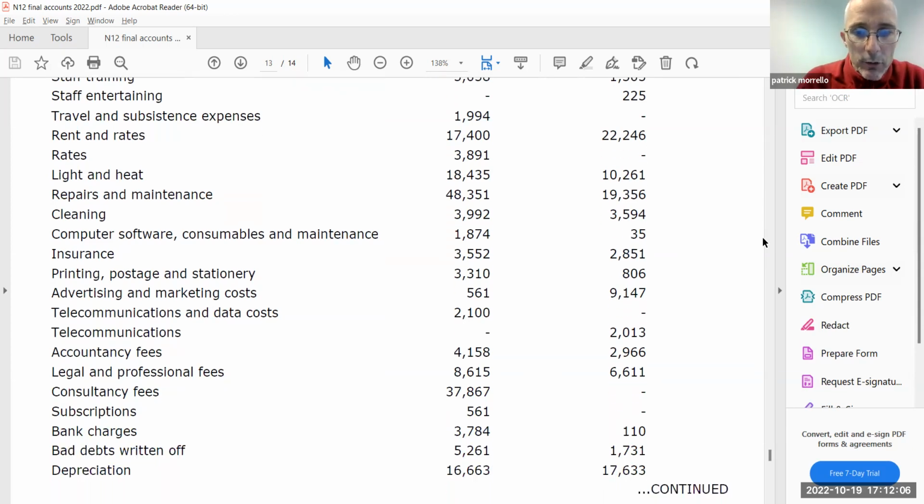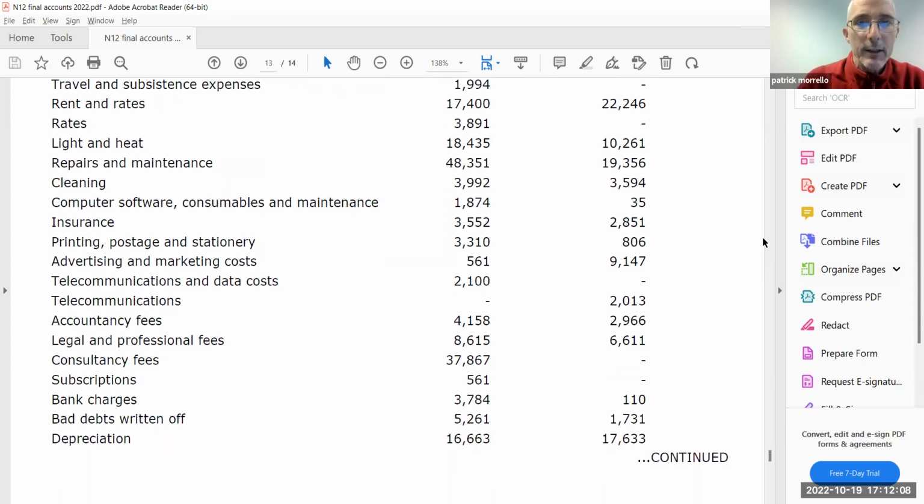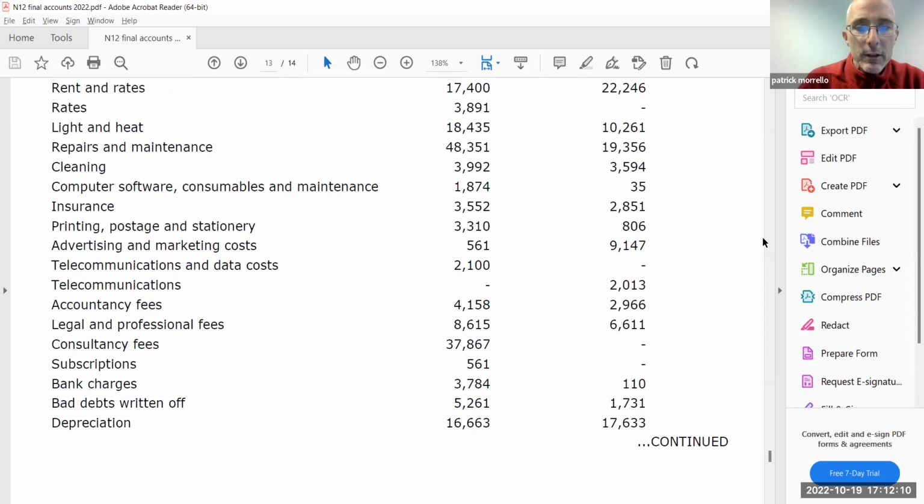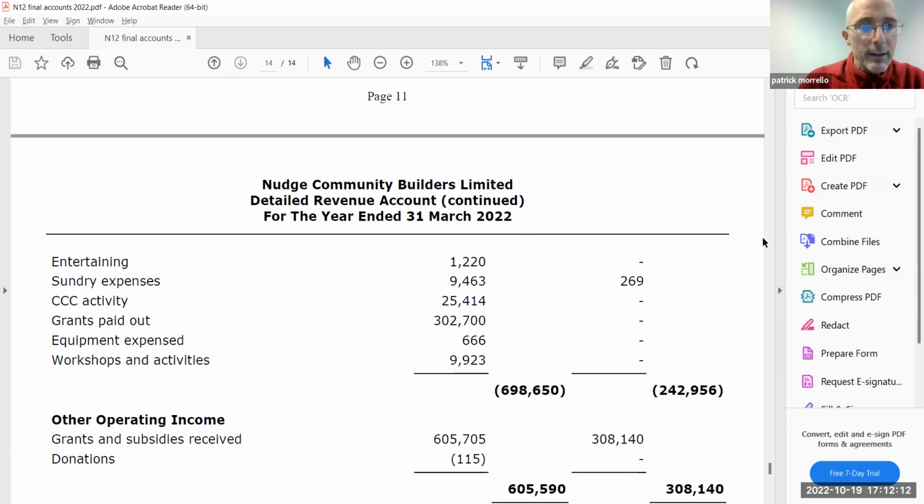Nudge received quite a lot of grant funding, which it then distributed to others. So if you go a bit further down, you can see grants paid out, £302,700. And then other operating income, you've got grants received, £605,000. So of that 605 received, 302 was paid out to other local organisations.